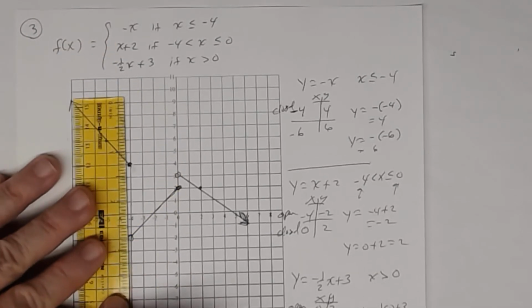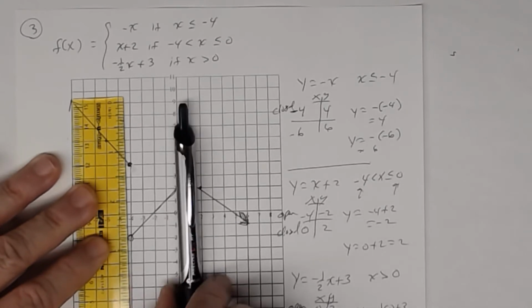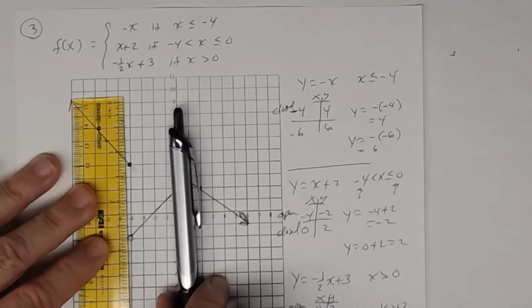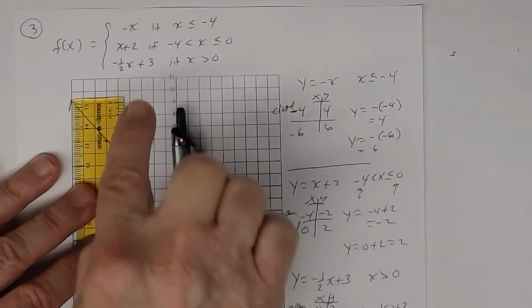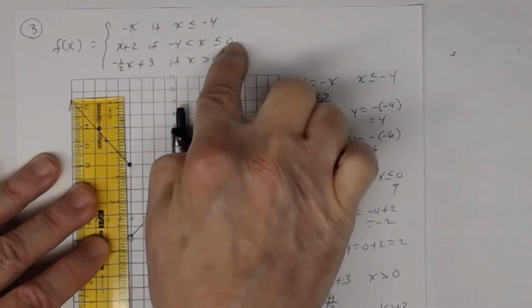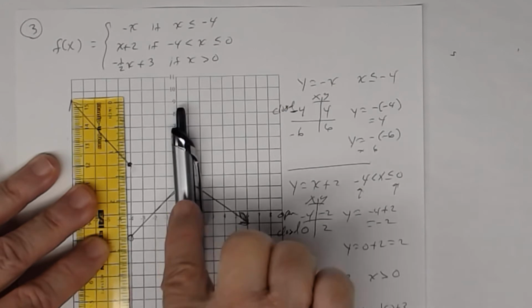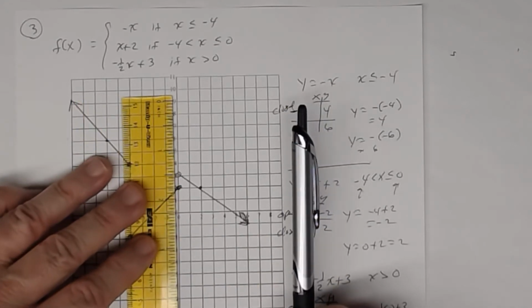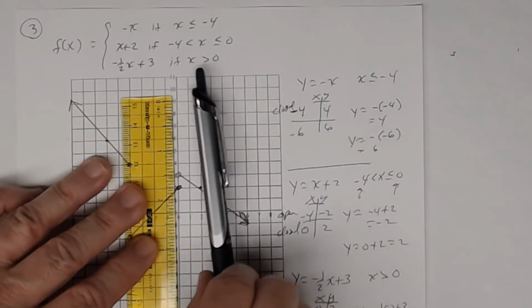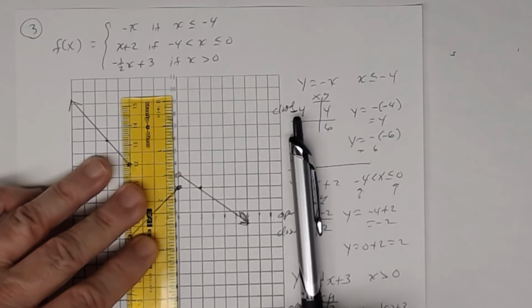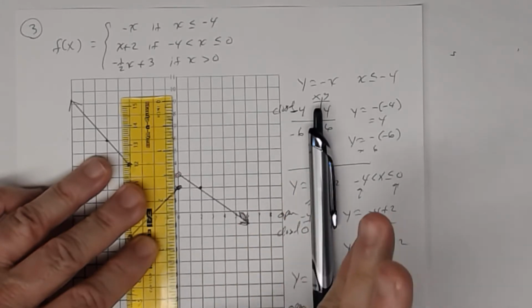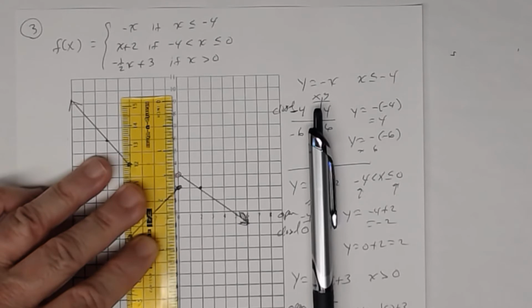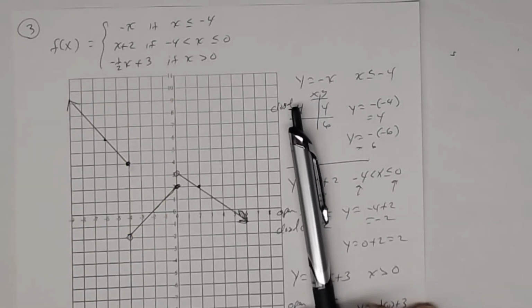Then from here to where this is, from negative 4 to 0, you have this piece. See, negative 4 to 0. Always make sure you look at that. And then from 0 to infinity, if this is going towards infinity, you have this piece. Okay? All right, and that's it. That's how you do this.